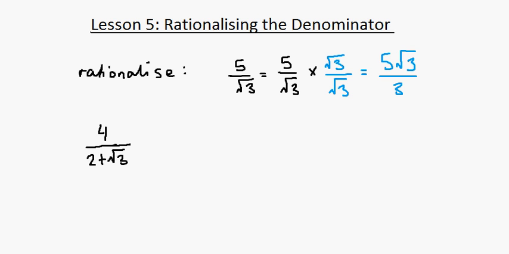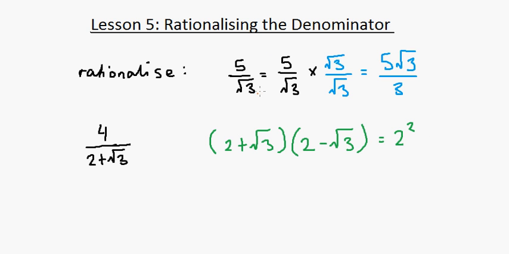Well, using our surd knowledge, we know that 2 plus root 3 times 2 minus root 3 equals 2 squared, this times this, and we know that it also equals minus 3.